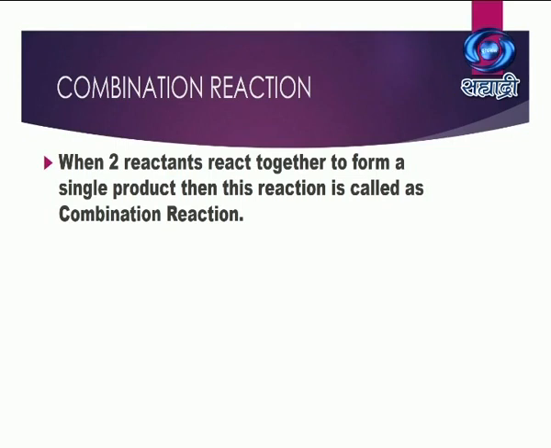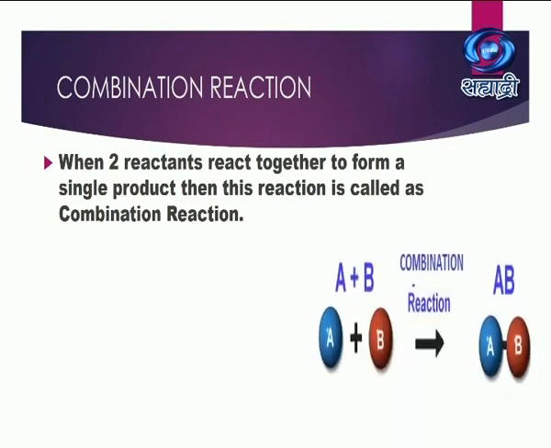So when 2 reactants react together to form a single product, then this reaction is called a combination reaction. For example, if A is one of the reactants and B is another reactant, they combine together, combination reaction takes place, and product AB, that is a single product, is formed.